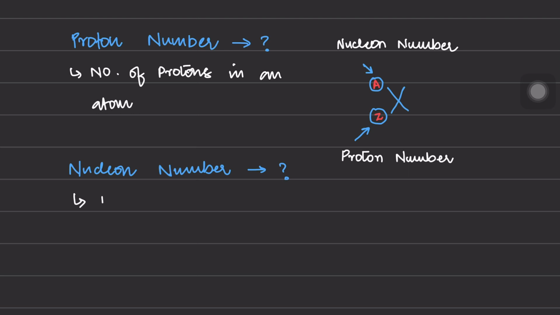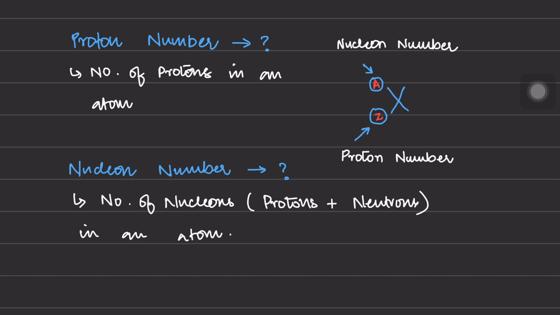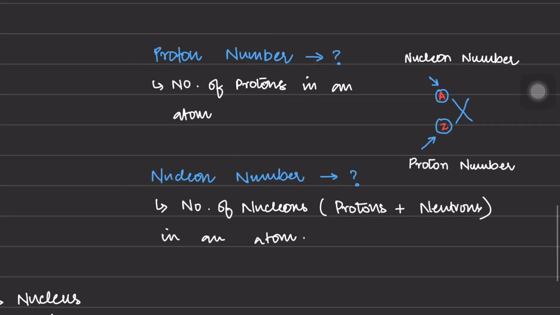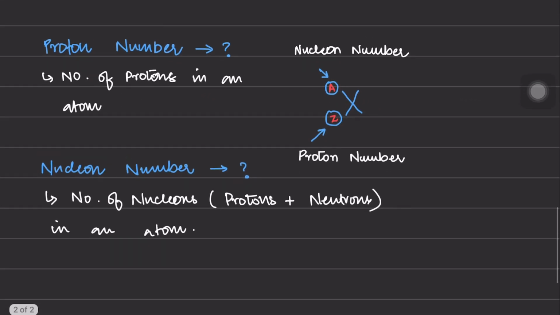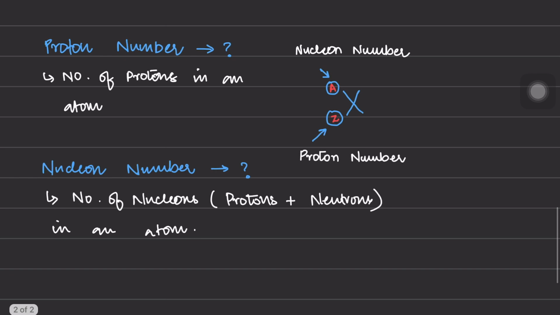Hence the number of nucleons is the number of protons plus neutrons in an atom. For the nucleon number we also use the term mass number. For the proton number, we also use the term atomic number.